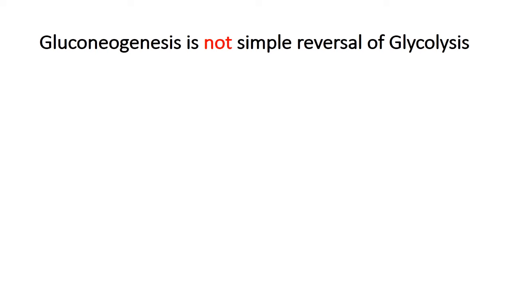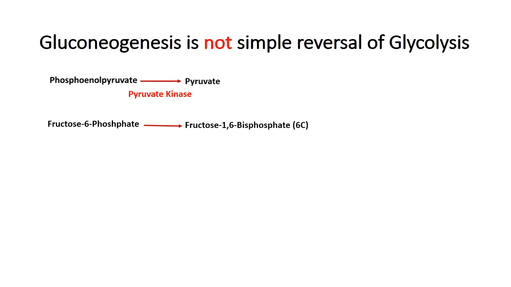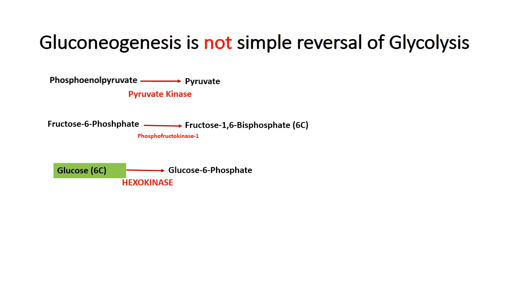Now, let us check what are the steps that are irreversible in glycolysis. The conversion of phosphoenolpyruvate to pyruvate by the enzyme pyruvate kinase, the conversion of fructose 6-phosphate to fructose 1,6-bisphosphate by phosphofructokinase 1, and the conversion of glucose to glucose 6-phosphate by the enzyme hexokinase.